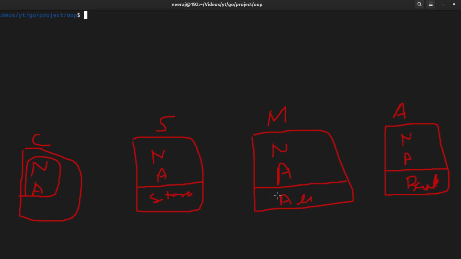So if we were working in C++ or Java, we could very simply have created a parent class. But in Go, that is not possible. Classes are not there.